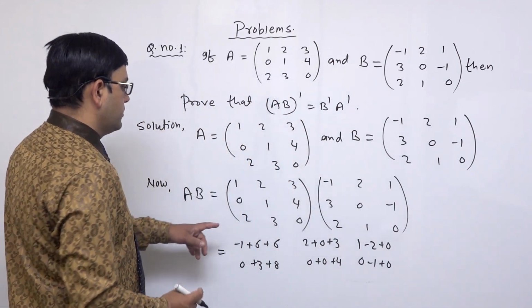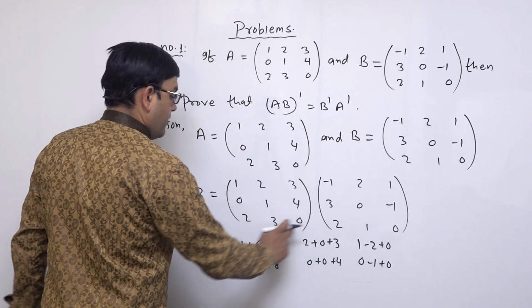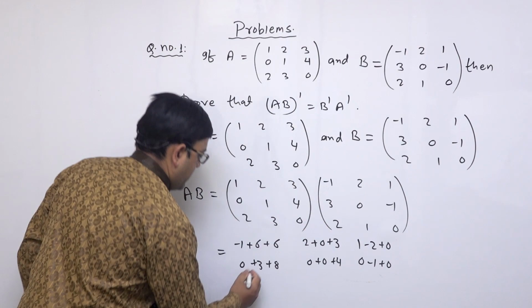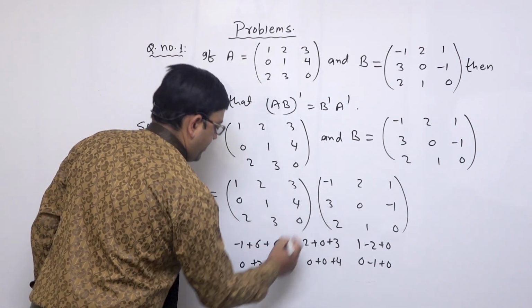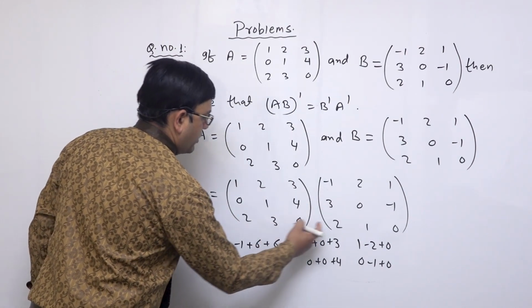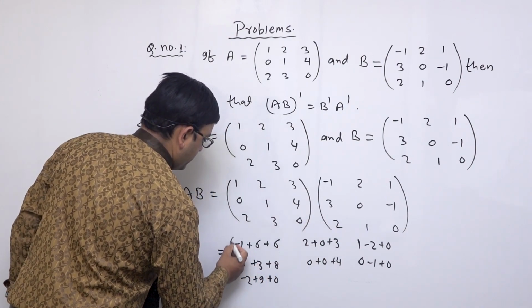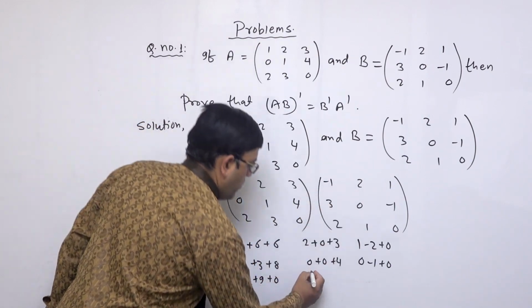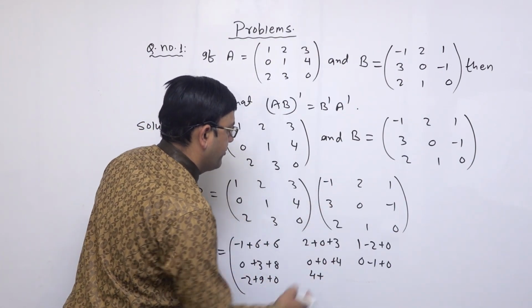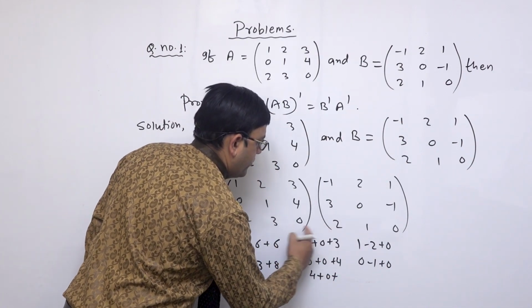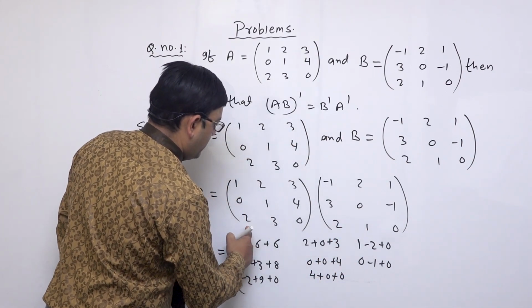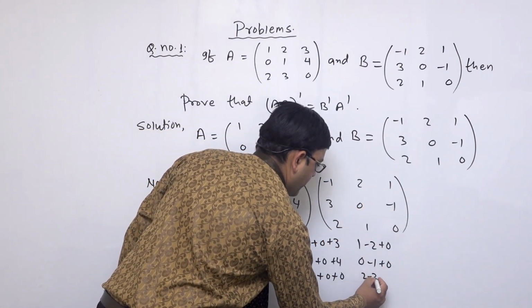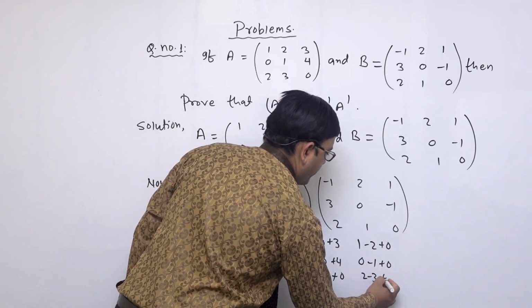This last row multiplied to the first, second and third columns: 2 times -1 is -2, 3 times 3 is 9, 0 times 2 is 0. Then 2 times 2 is 4, 3 times 0 is 0, 0 times 1 is 0. Then 2 times 1 is 2, 3 times -1 is -3, 0 times 0 is 0.